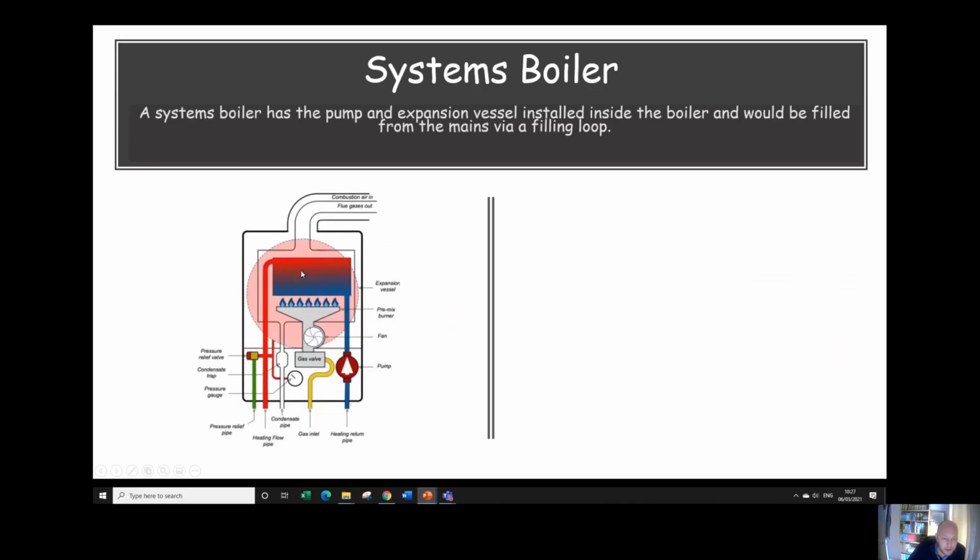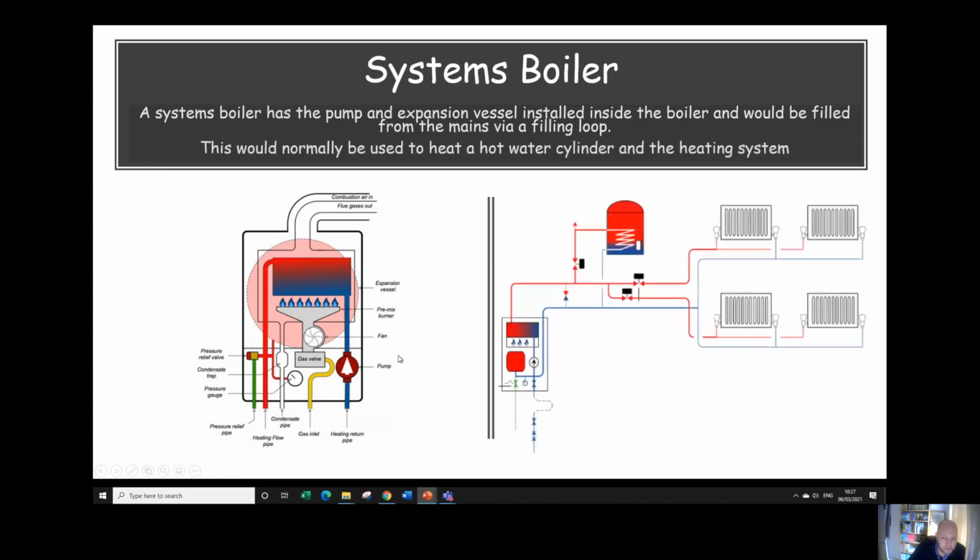System boilers have all of these things built into them, and they would be used for sealed systems only. We're going to have an expansion vessel fitted in there, an expansion valve, pressure gauges, pressure relief valves, and the pump all built into one unit. You can see an example of that here. You've got your expansion vessel in here, your temperature pressure relief valve here, and a filling loop there to fill up the heating side, because it's a sealed system.